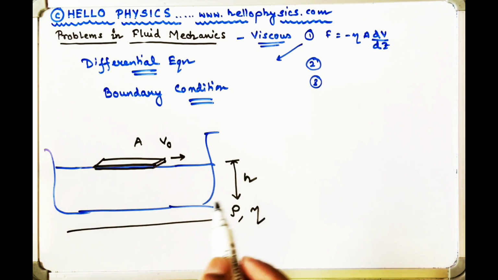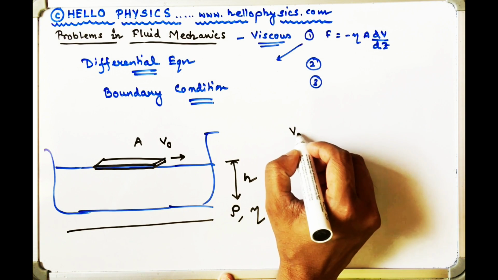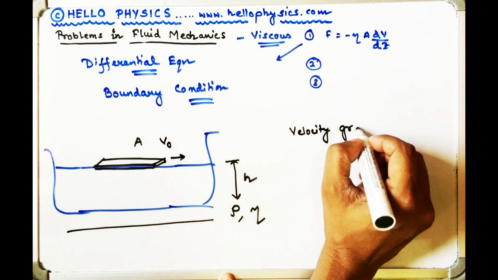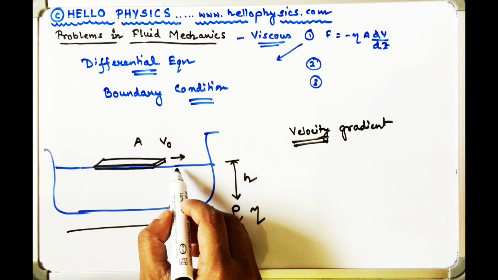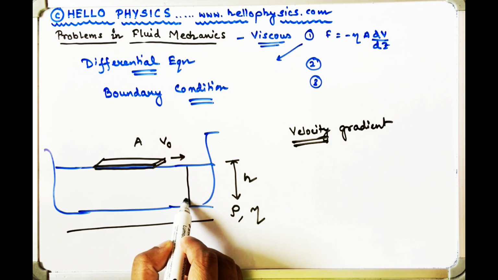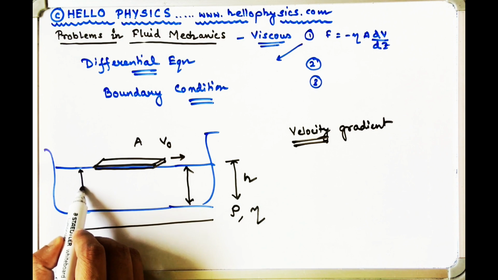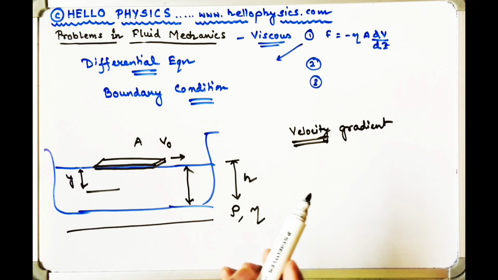What you have to do is find out the velocity gradient, or find out the velocity of the fluid and how it varies along the depth. So let's say at a depth of y, you have to find out the velocity of the fluid.